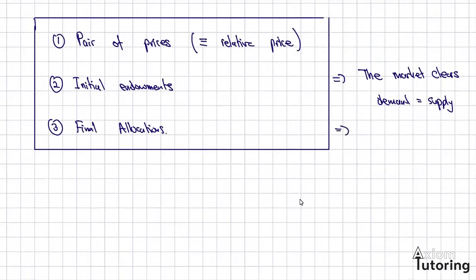Both agents maximize utility, right? That's what we're looking for. So effectively, we're going to take all those lessons that we learned in utility maximization and use them here. Let me show you how to think about this.